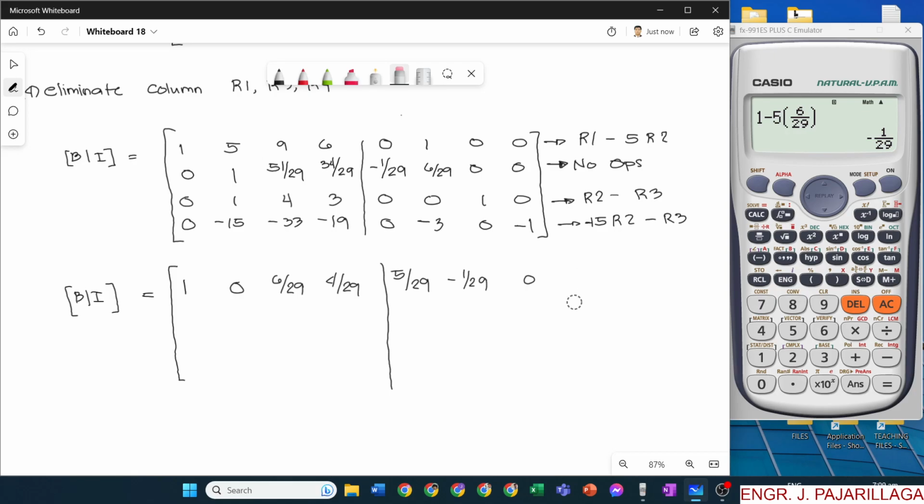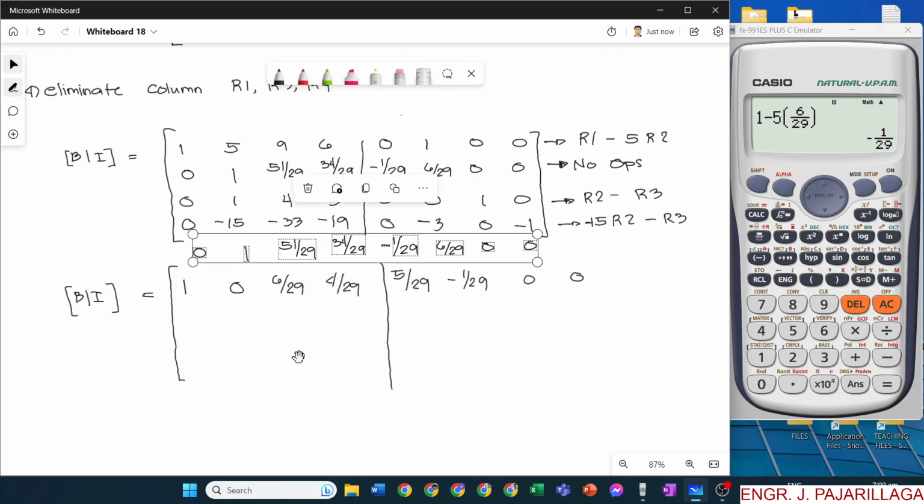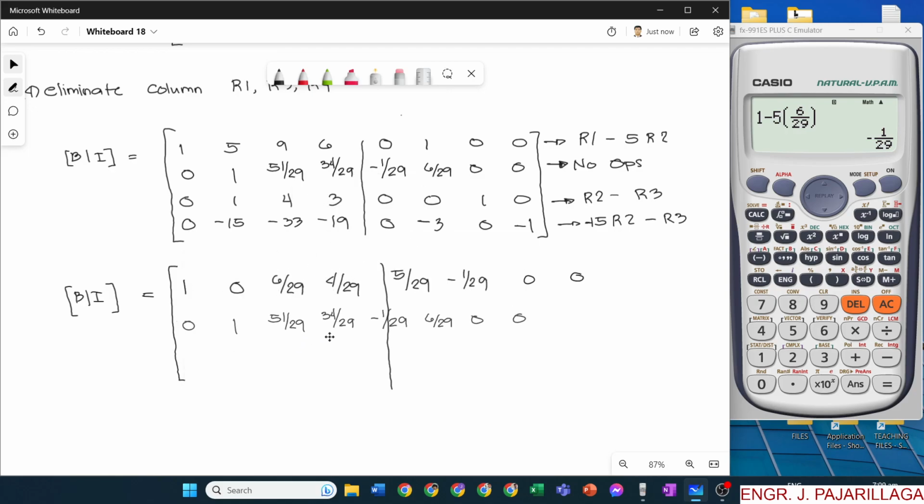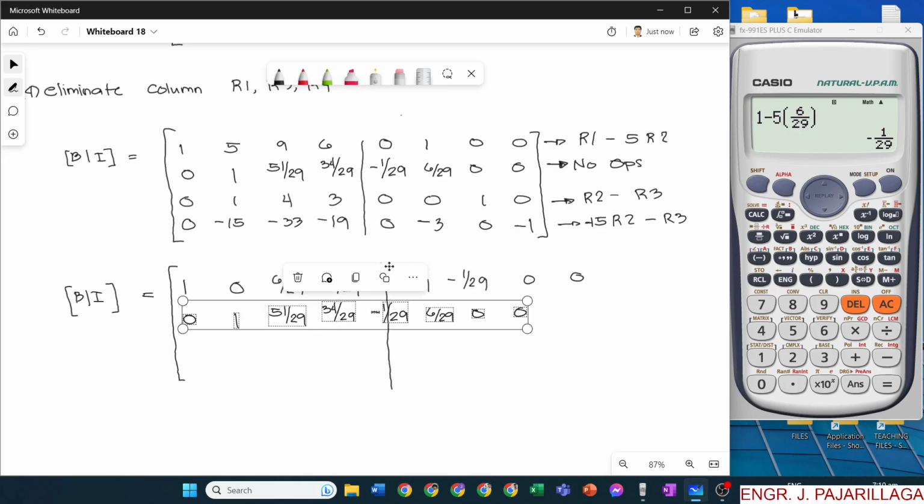Di magkakasya yung susunod. Okay? So, next row tayo. You have no operation for this row. So, ikakopy na lang natin siya. Copy. And then, paste. Di kasya.